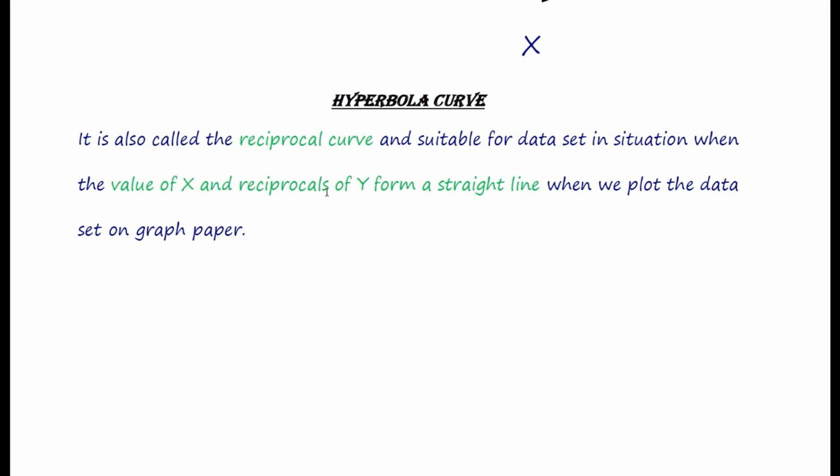When we plot this graph on graph paper, you can see reciprocal of y values against x values, and this relationship forms a straight line. So this is the example of hyperbola curve.